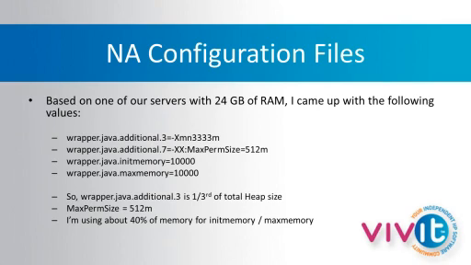It's rather expensive for NA to have the JVM start with an initial value that's low and then ramp up to the maximum value as it runs. It's much more efficient for NA to just start with whatever value you want to use as the maximum heap size. So in my case, 10,000.